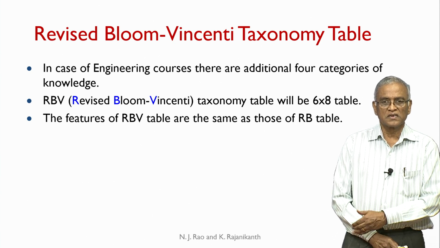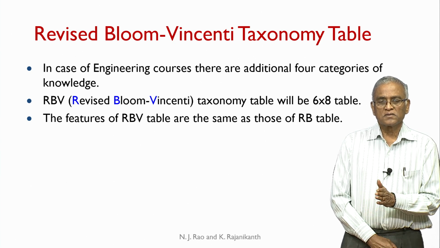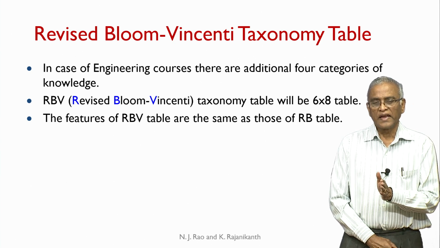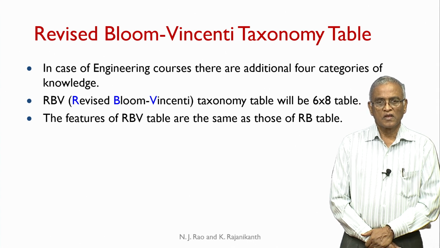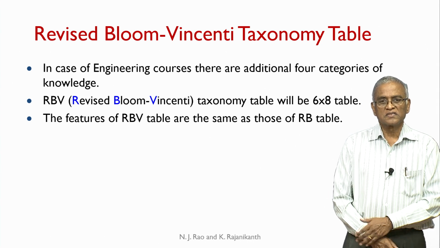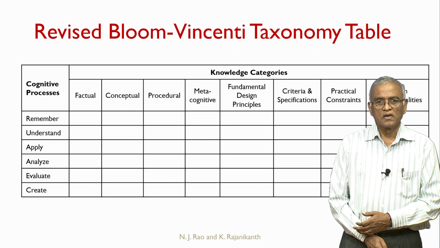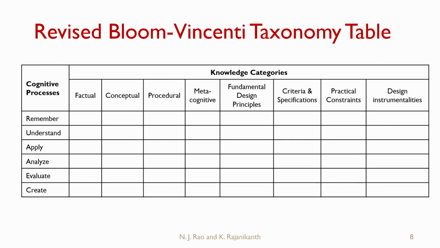Revised Bloom-Vincenti taxonomy table will have 6 rows and 8 columns. Otherwise, the features of the RBV table are the same as those of the RB table. Now, the taxonomy table for engineering courses is like this.